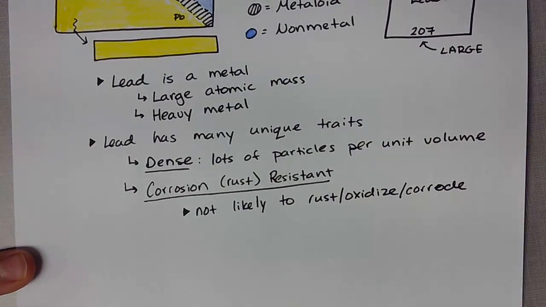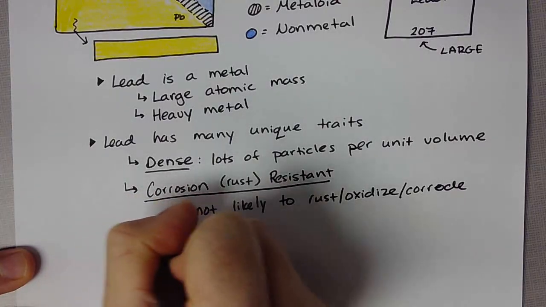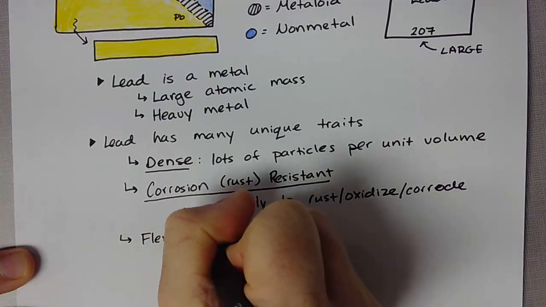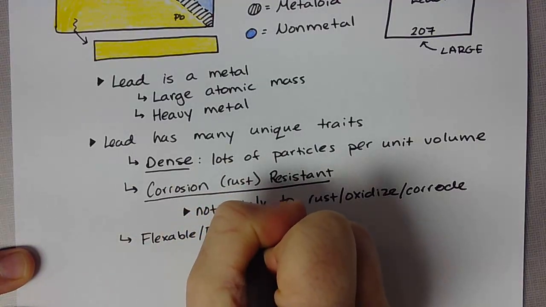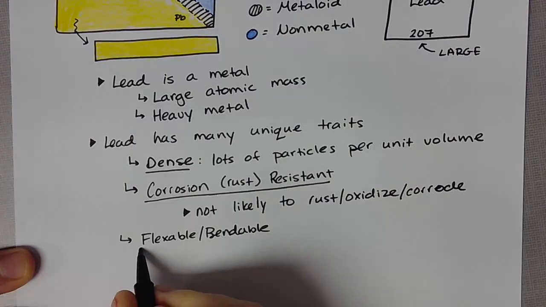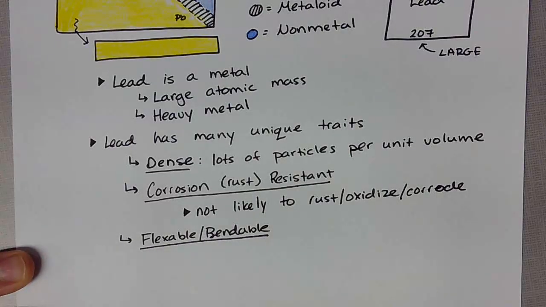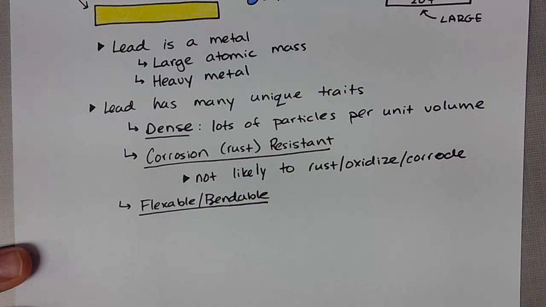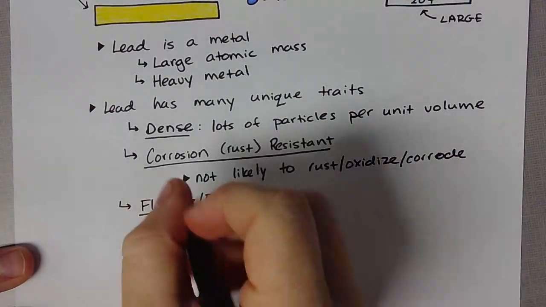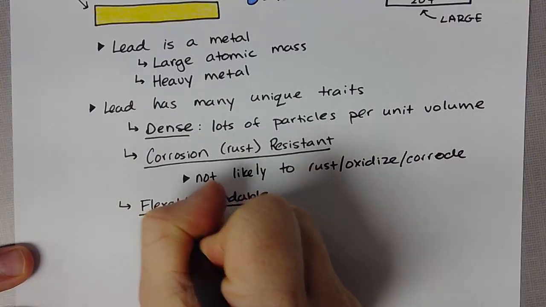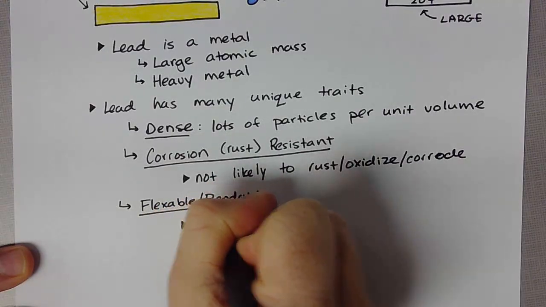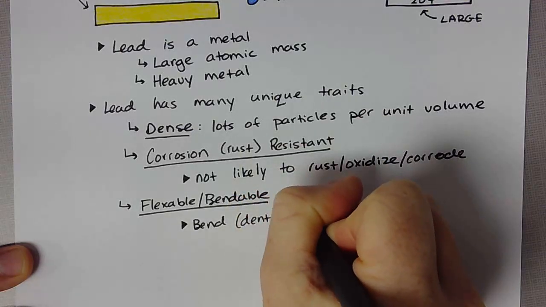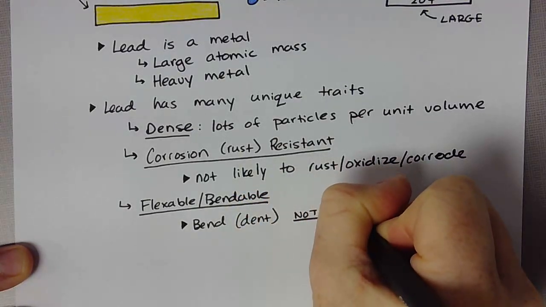Lead is also fairly flexible for a metal. Which made it a popular building material for making different things because that metal will bend or dent even, not break.